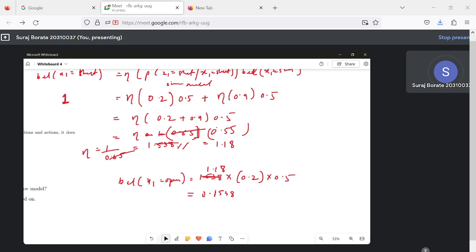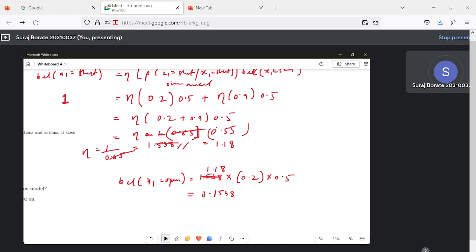And here everything is known. We know the transition probabilities are given in the question. The previous state belief is also given in the question, and we have to find the belief at x1, and this belief is nothing but the prediction. Once we find this, we'll use the sensor model given in the question. We have this value also and we have the prediction, so we'll combine the prediction and the sensor model.